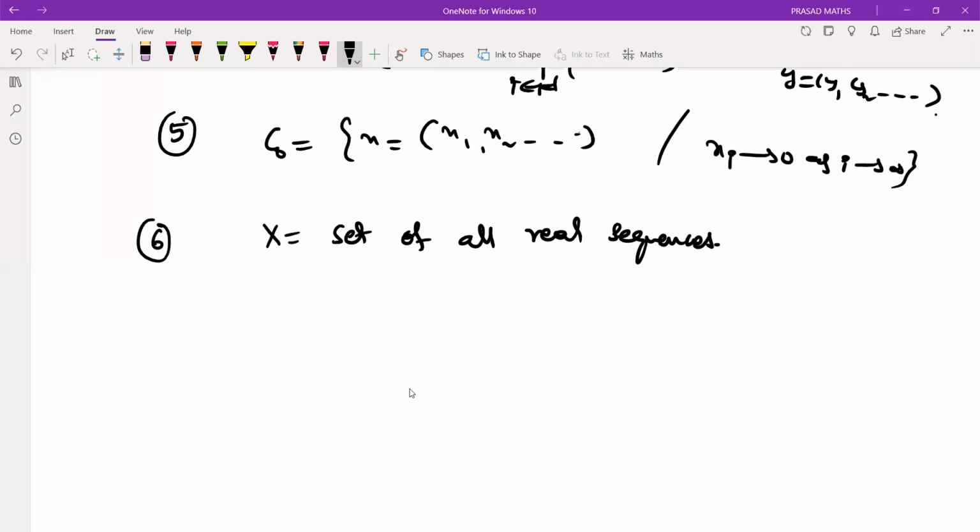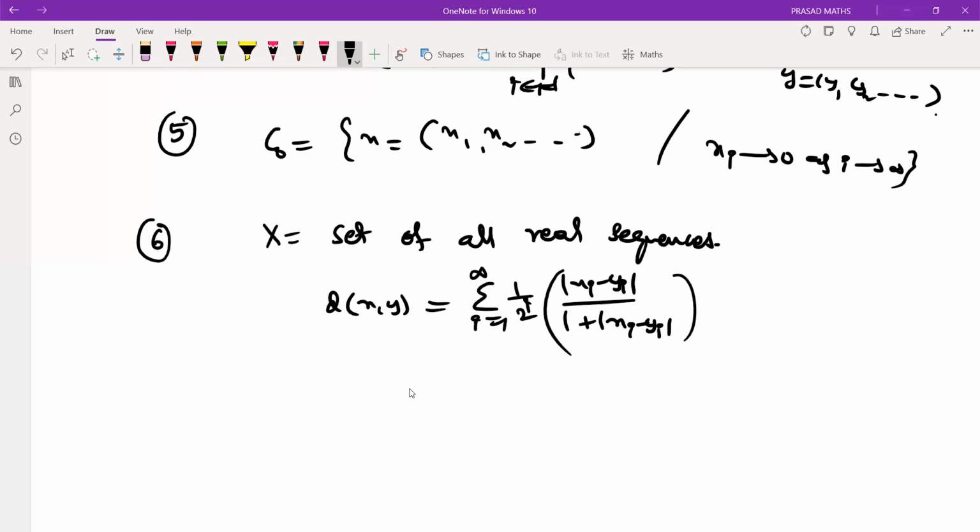So the metric, what is the metric? This is a very standard metric: summation i equals 1 to infinity, 1 by 2 power i, mod of xi minus yi, divided by 1 plus mod of xi minus yi, where x equals x1, x2 going on, and y equals y1, y2 going on.